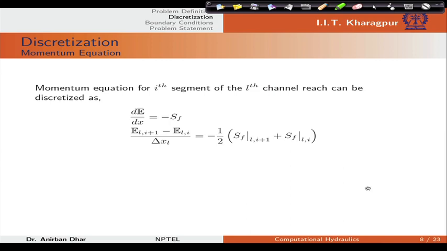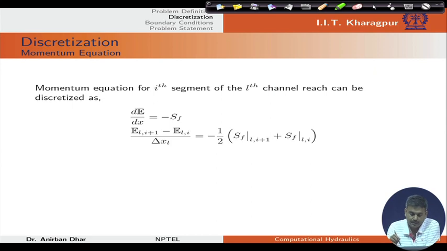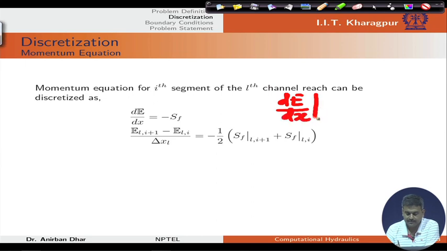Now, discretization of this momentum equation, again we will consider the discretization for the channel segment. So, this is d by dx at I, we will consider that.